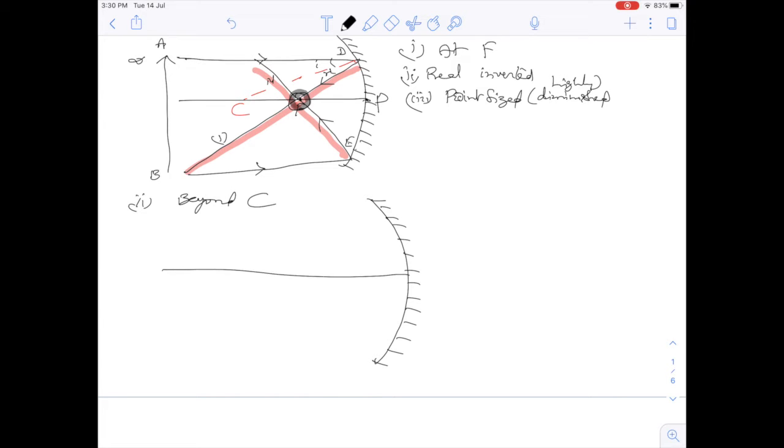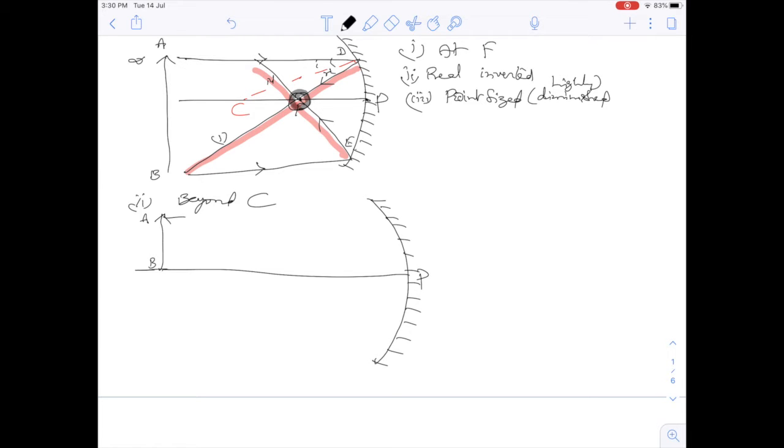Now I have this P, and somewhere very large distance beyond C we have the object AB.